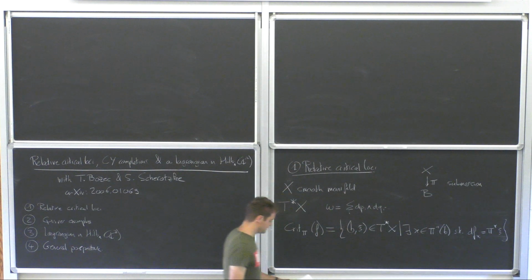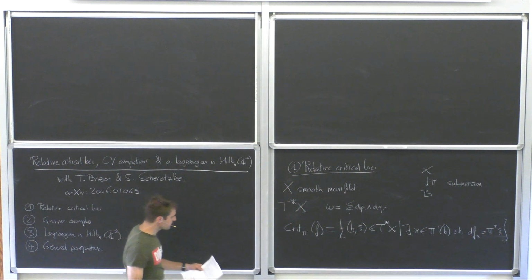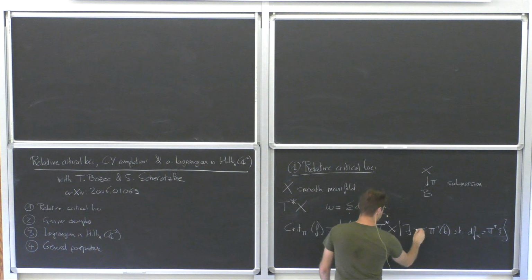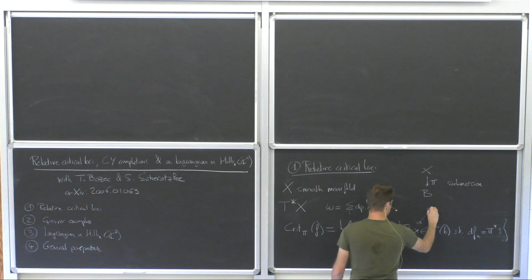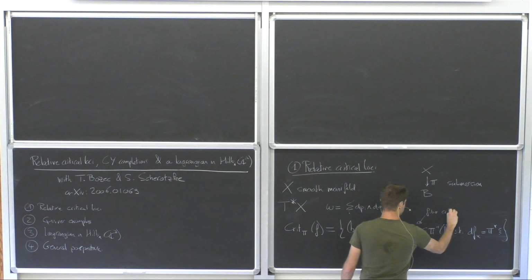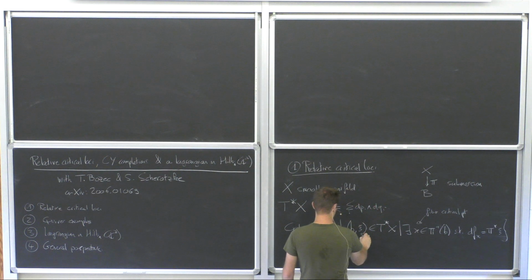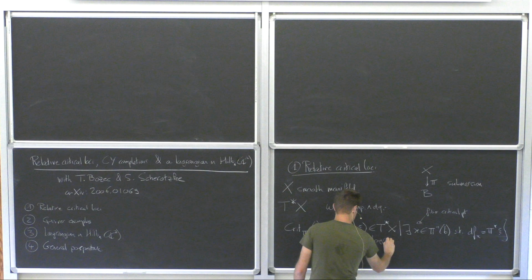So you could call this x a fiber critical point. You may want to call psi a Lagrange multiplier.